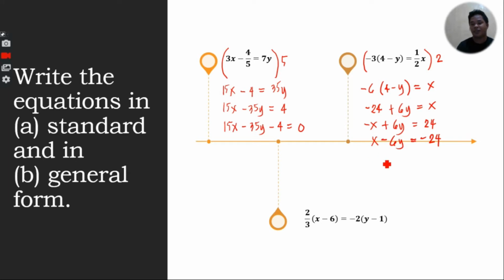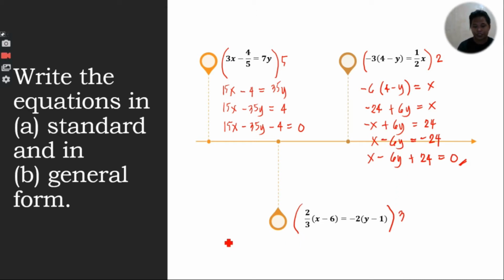For our general form, we have x minus 6y plus 24 is equal to 0. For our third example, we are to multiply 3 to all terms since this is our LCD.